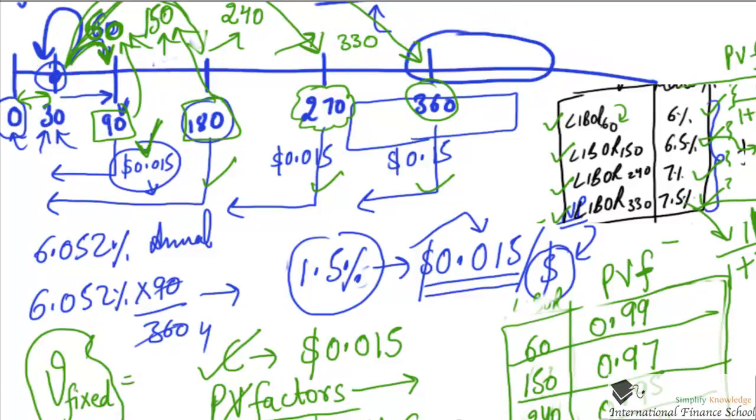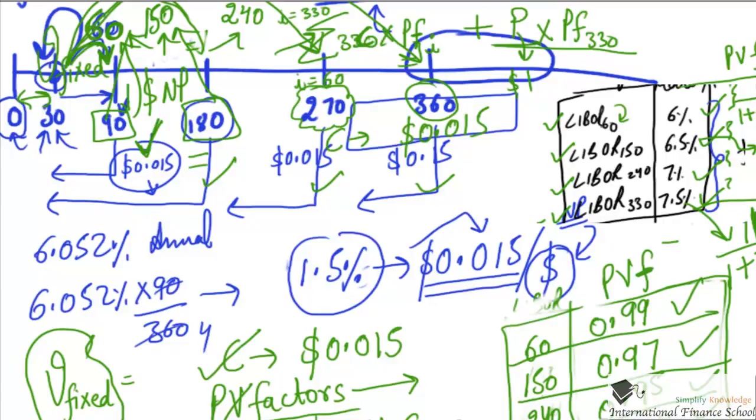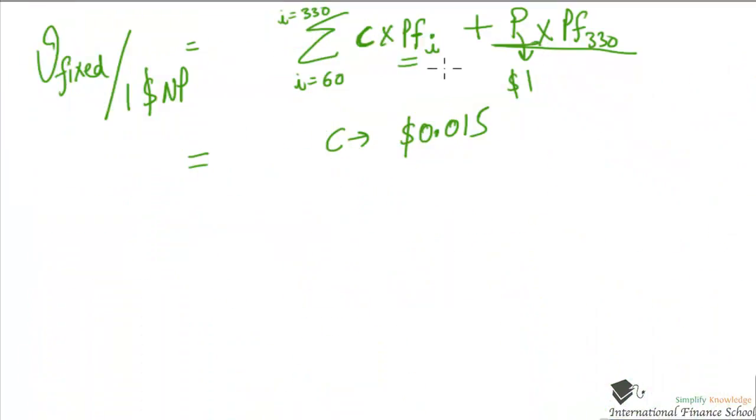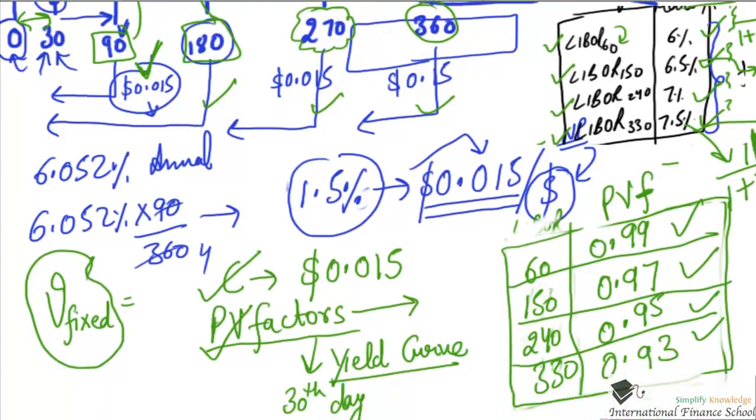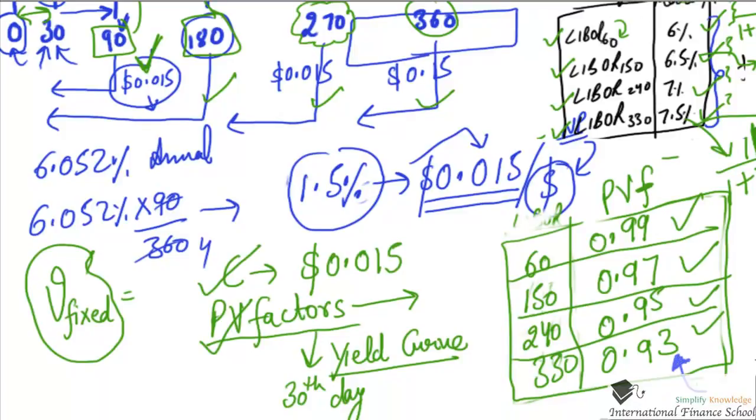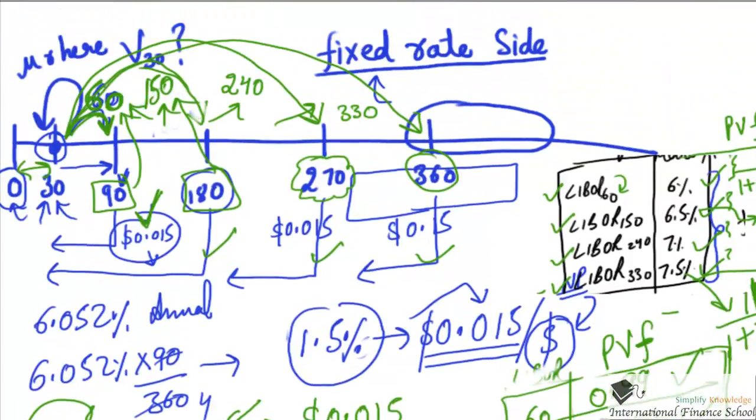I know I need a number, all of them with a different number because they are coming at different times. Present value factors, principal is $1 multiplied by the final present value factor, which is 0.93 right here. So the last principal comes at the 330th day. If I stand here, it comes here at the 330th day. So I have to get the present value back to this time, the 30th day.